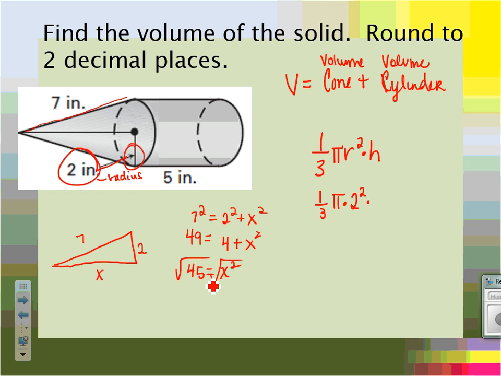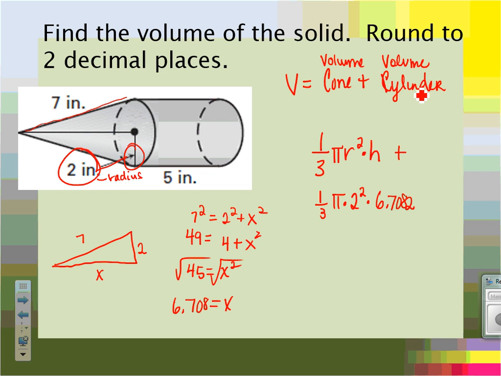Square root both sides, and I get x is equal to 6.708. So my height is 6.7082.